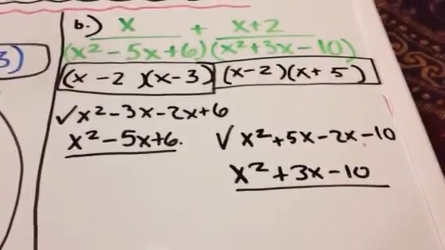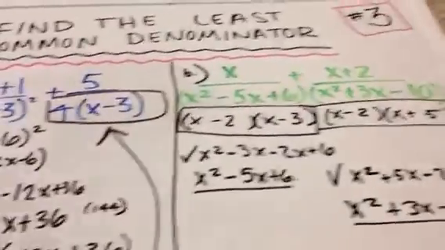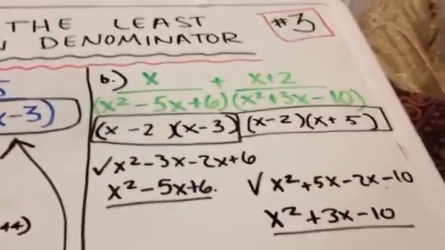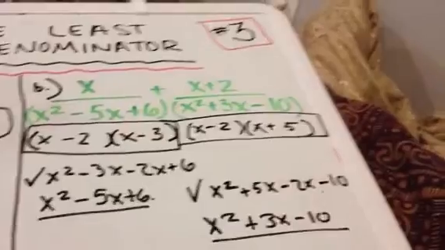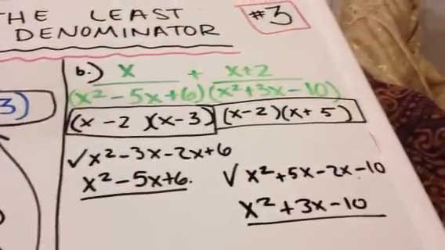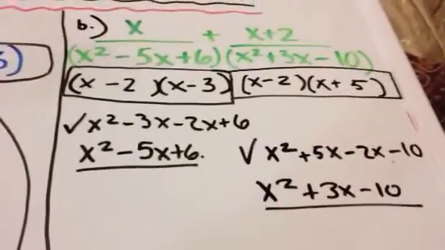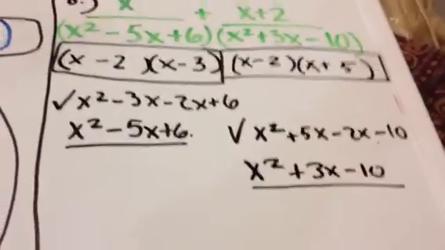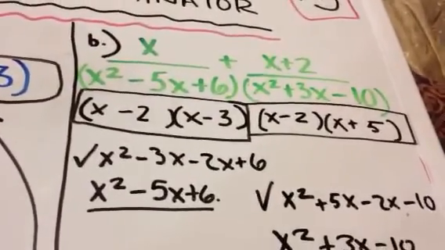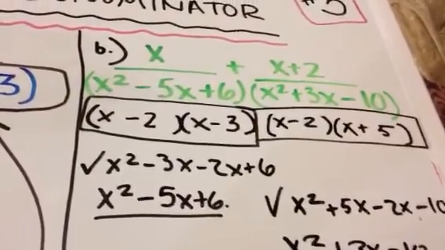But remember, when we are finding the LCD of algebraic expressions, if nothing is in common, you take them all. So let's see, the thing in common is the x minus 2, so we write that, because this works for both of them.